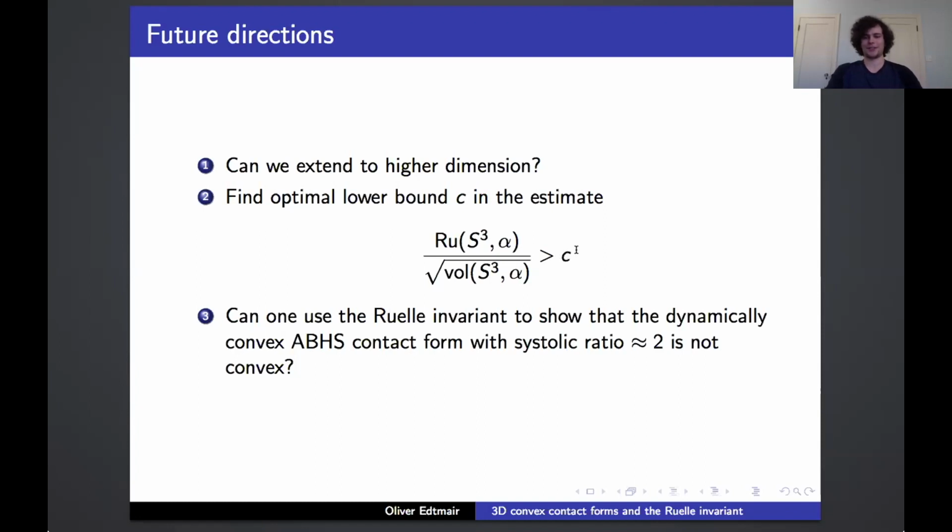So it's of no use so far to prove that this ABHS contact form is not convex. But maybe if one understands the estimates a bit better and can get a higher lower bound, then maybe it could prove that this is not convex. Maybe it also does not work, I don't know. But that's an interesting thing to think about.